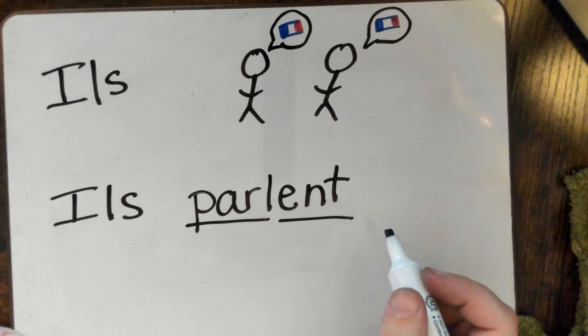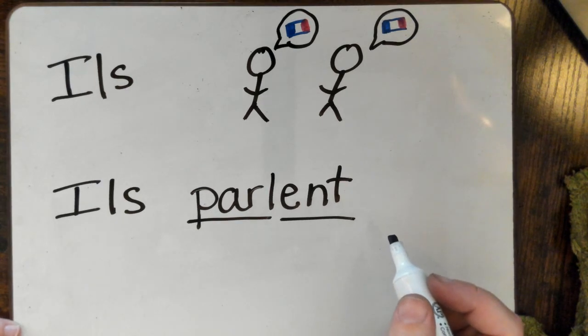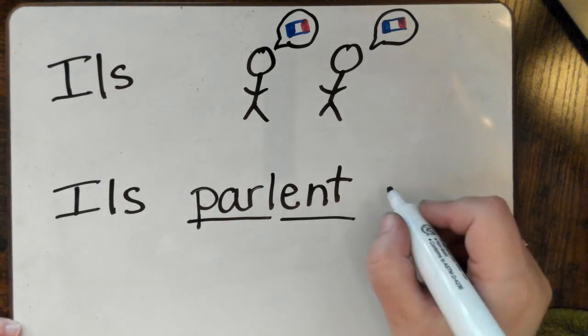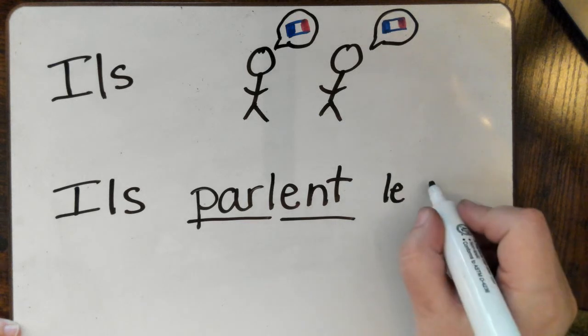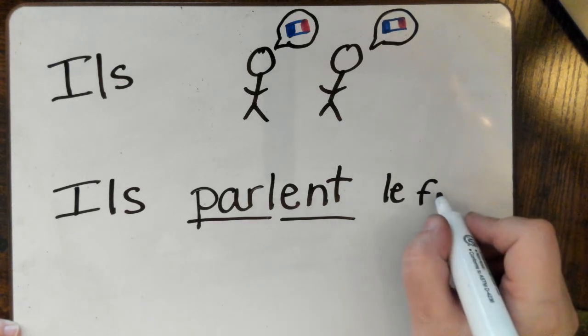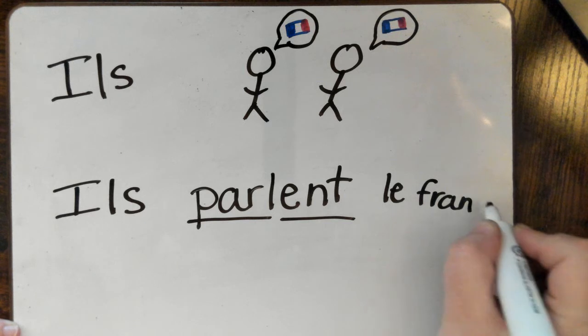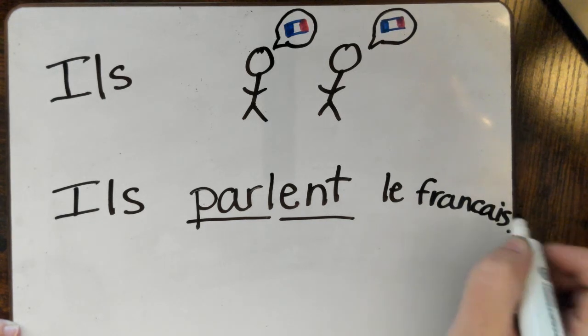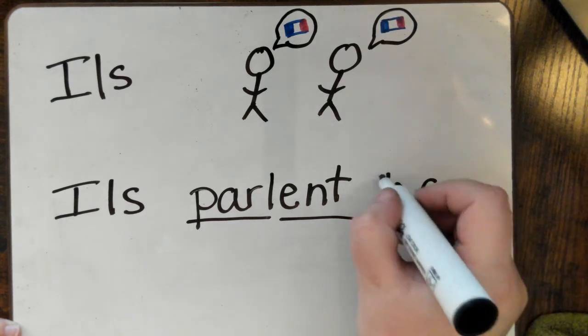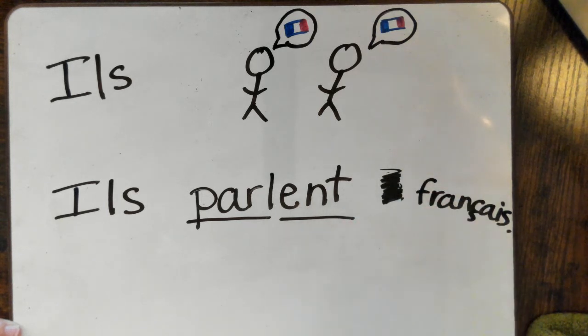Okay, il parle is the subject and the verb, and you may have added le français. And I keep forgetting this: you don't actually need the word le when you're using it in this sentence. Il parle français.